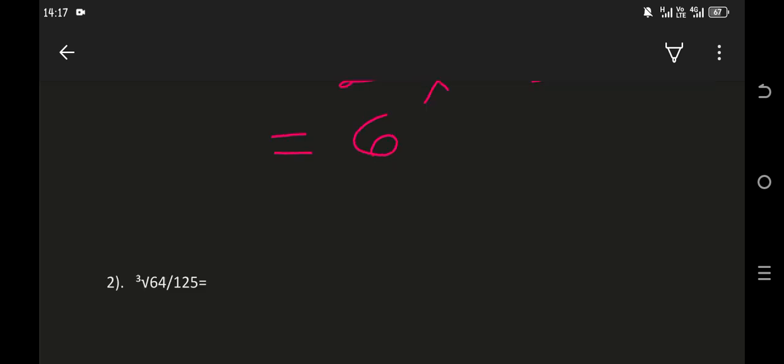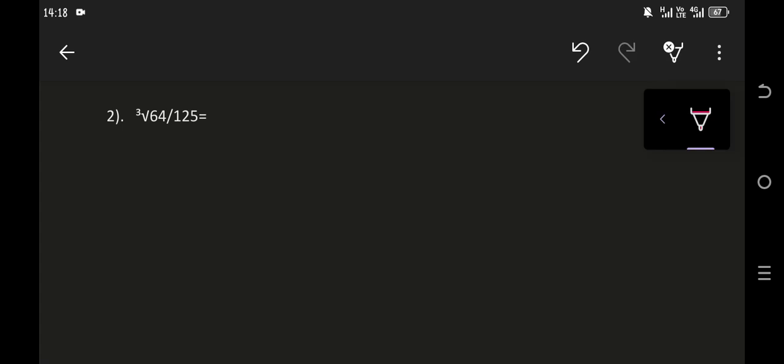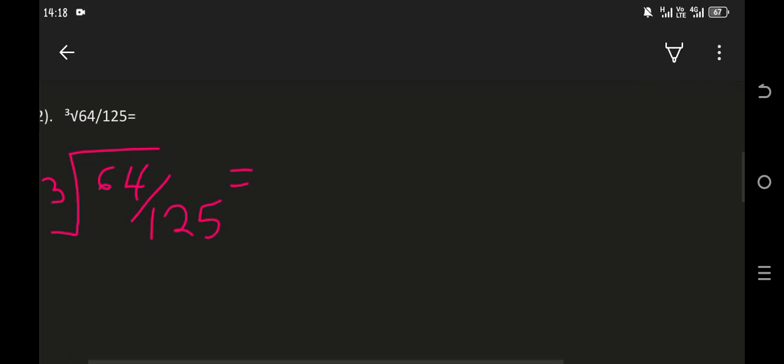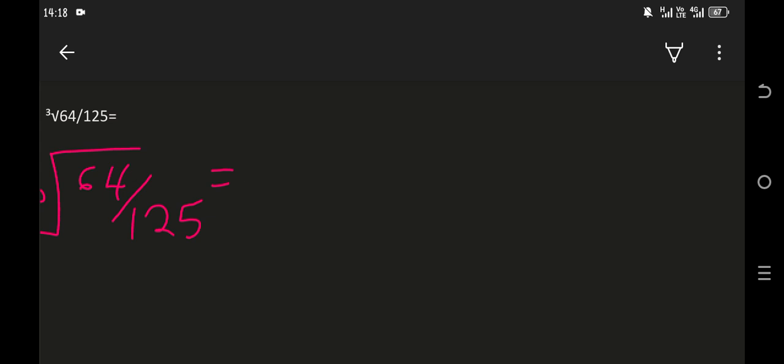Now, let us look at the next example, which is a fraction. We are supposed to find the cube root of 64 over 125. So for this case, we are supposed to get the cube root of 64 on its own and the cube root of 125 on its own.